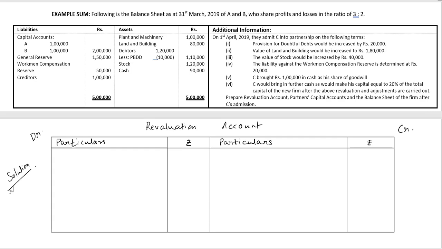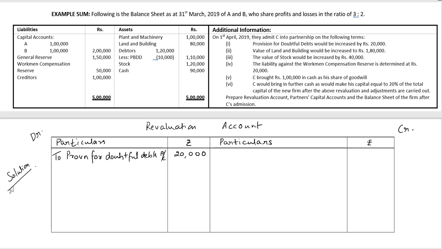The first point, provision for doubtful debts would be increased by rupees 20,000. So we have to provision for doubtful debts, ₹20,000.